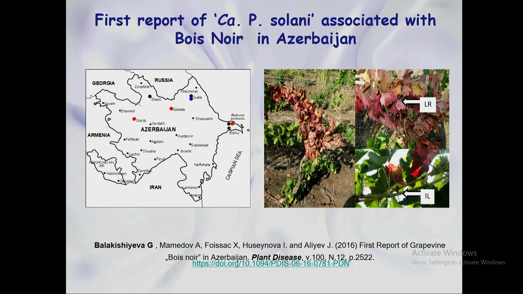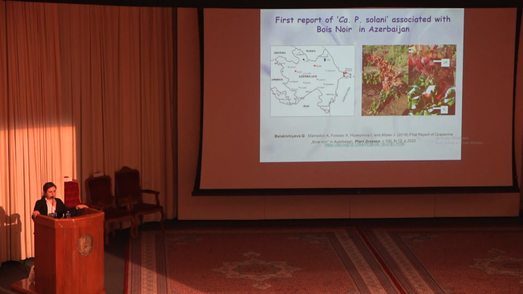For the group 12, for the Candidatus phytoplasma solani, we have found these phytoplasmas on the common medlar tree, cherry tree, as well as eggplant, pepper, and tomatoes. And the first report of this phytoplasma associated with bois noir in Azerbaijan and grapevine was reported in 2016.